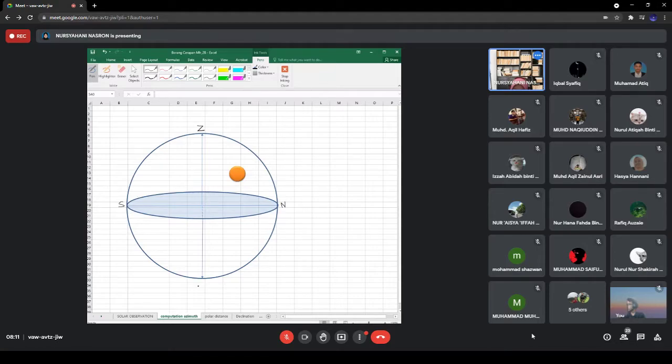Recap again about lecture 1B. There is the astronomical coordinate system. You have the topocentric coordinate system and the geocentric coordinate system. This picture shows the topocentric coordinate system.